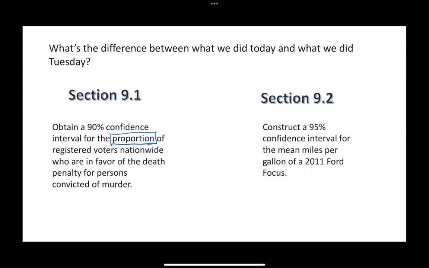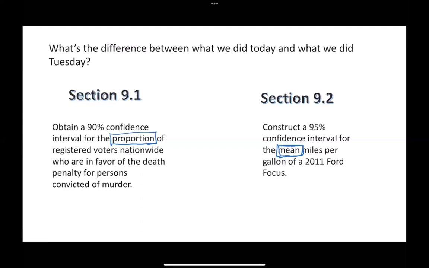That's section 9.1. Here, you see I have the word mean in there. So construct a 95% confidence interval for the mean miles per gallon of a 2011 Ford Focus. So this is what we did today. You will see the word mean in there. And this is that standard deviation divided by the square root of n to get the standard deviation we need, plus its t values.